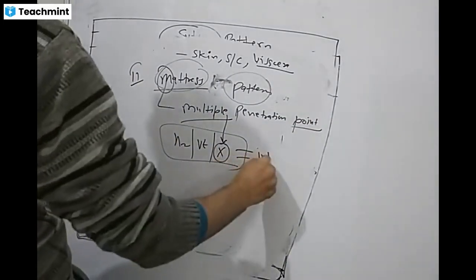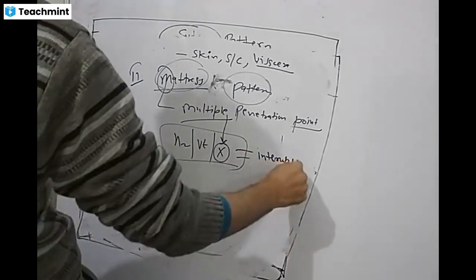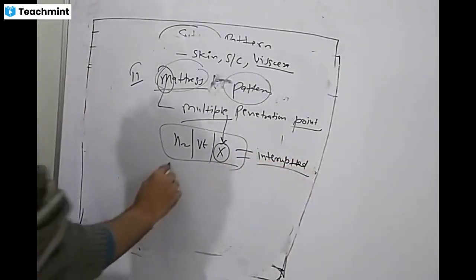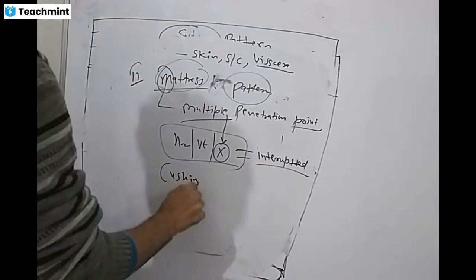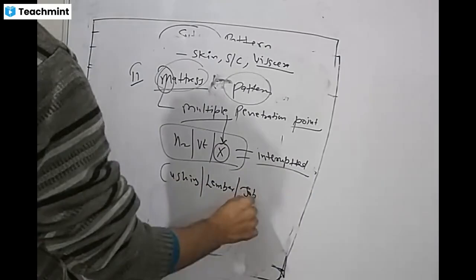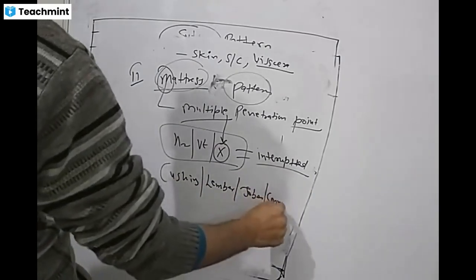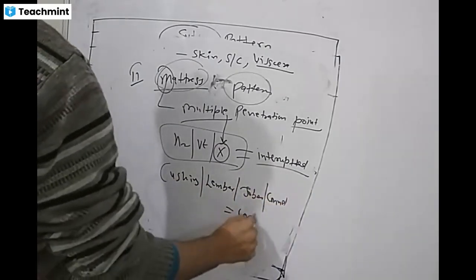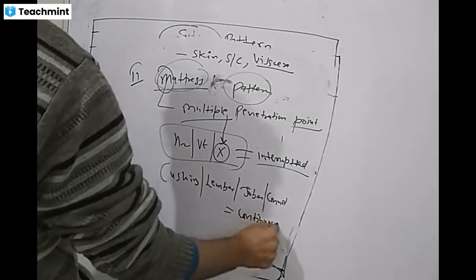These are interrupted ones. Then we have Cushing, Lembert, Connell, and Gambee. These are continuous type patterns.